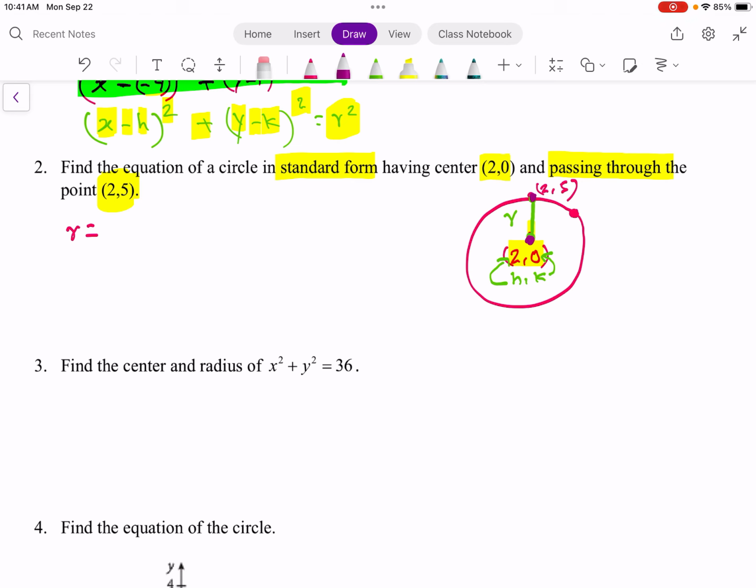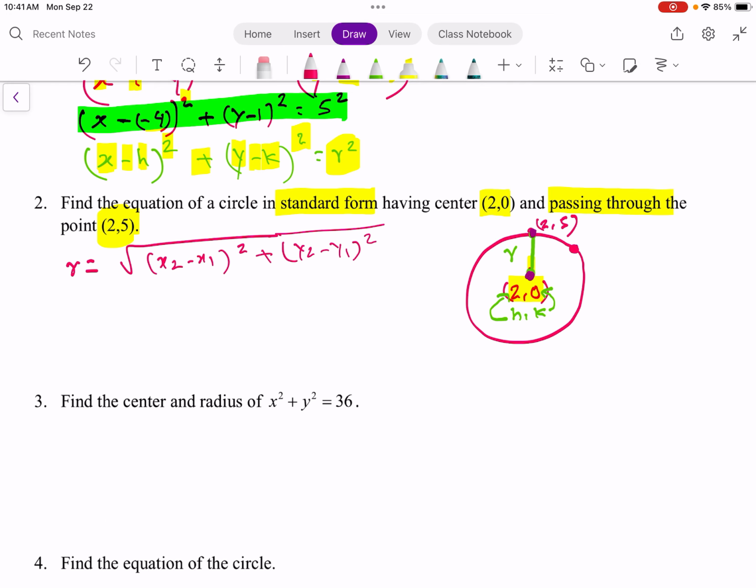So we have r equals the square root of (x2 minus x1) squared plus (y2 minus y1) squared. Let's call one point (x1, y1) and this point (x2, y2).